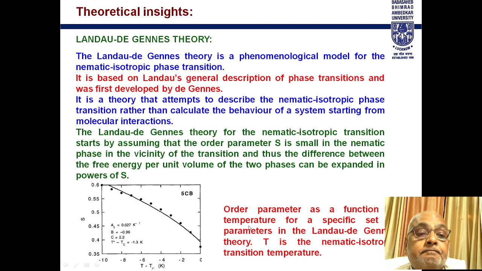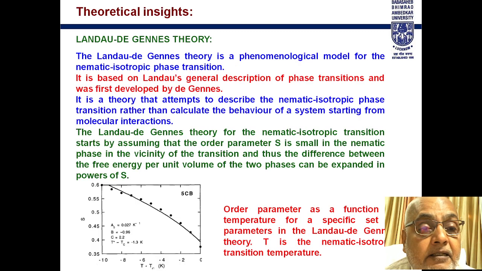Theoretical insight. Landau-de Gennes theory, the first theory that came, is a phenomenological model of the nematic liquid crystal to nematic isotropic phase transition. It is based on the Landau general description of phase transition and was first developed by de Gennes. It is a theory that attempts to describe the nematic isotropic phase transition rather than calculate the behavior of the system starting from molecular interaction.